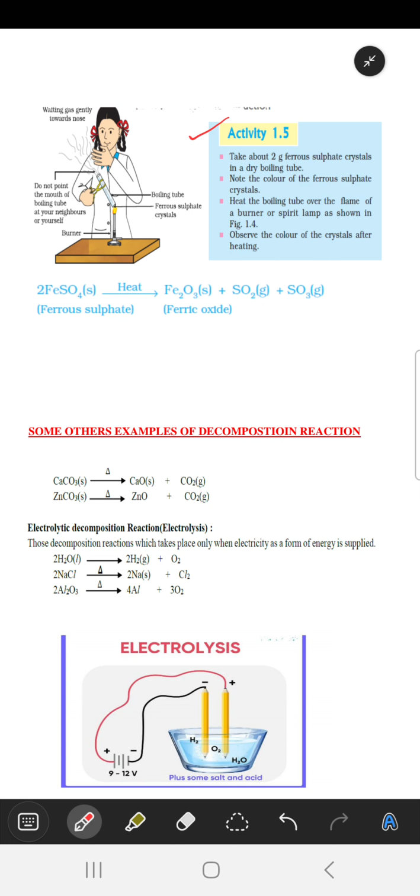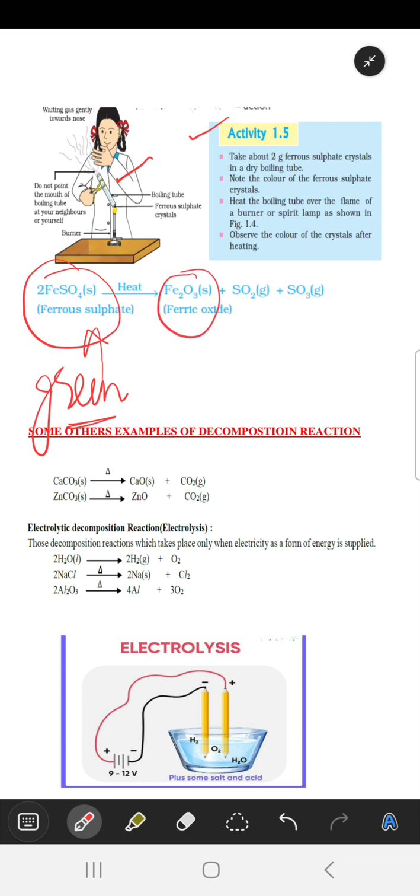In this, we are taking ferrous sulfate in a test tube and we are heating the test tube. First, the ferrous sulfate is green in color. When heated, it breaks down into ferric oxide, sulfur dioxide and sulfur trioxide. The color becomes reddish brown after heating.